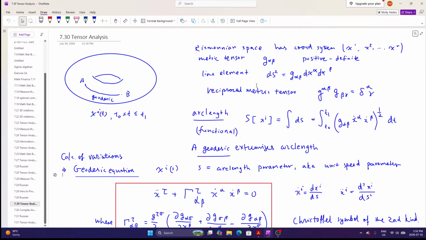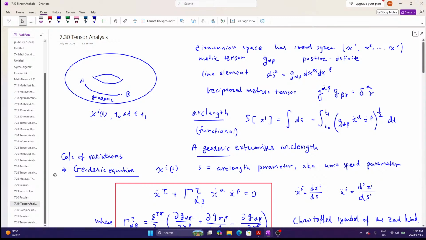With an inner product, you can define length, angle, orthogonality, and projection. All those notions familiar in Euclidean geometry. So here, the notion of metric tensor plays a similar role. It says that on the Riemannian space, the infinitesimal length squared, which we call the line element, is ds squared equals g alpha beta dx alpha dx beta.